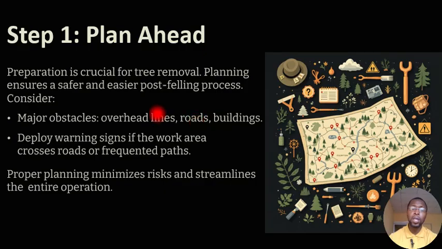While you're bringing the wood, it shouldn't damage people's houses or damage the road or destroy overhead lines. So all these things are obstacles that may affect the transportation of the wood after felling.